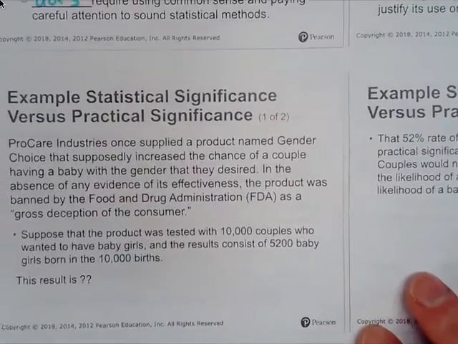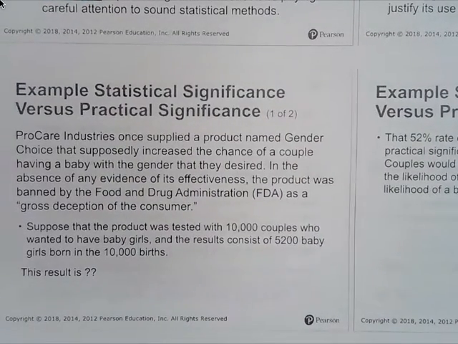So we have an example of an actual company that said, hey, I can increase your chances of getting the gender that you want. If you just take this pill, then you're more likely to get this kind of baby, a boy or a girl, whatever it is.